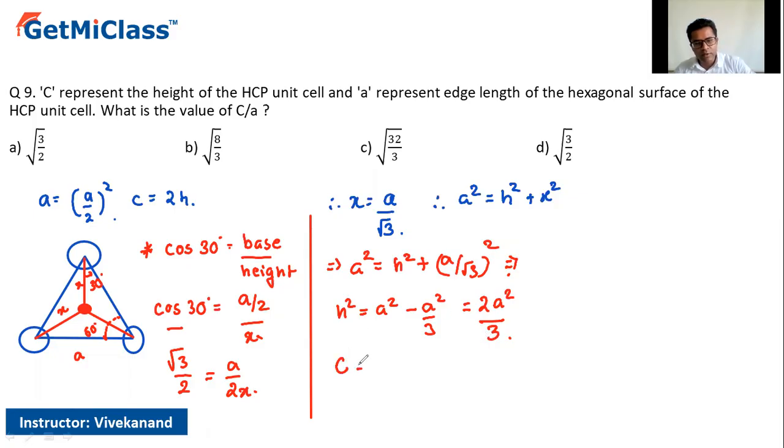As we had already seen, c is equal to 2 times h. So the h value I would get is under the root of 2 by 3 times A. Therefore c is equal to 2 into under root of 2 by 3 into A. If I want to take this 2 inside the root, I first have to square it.